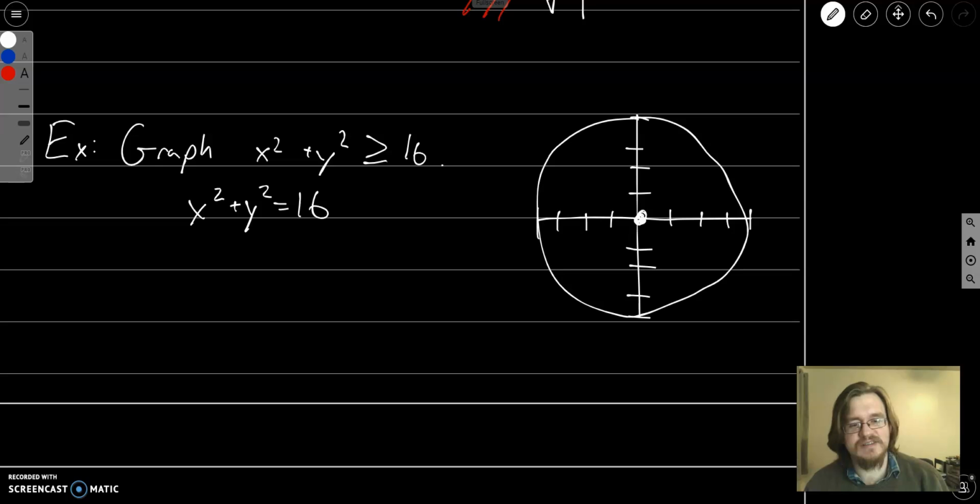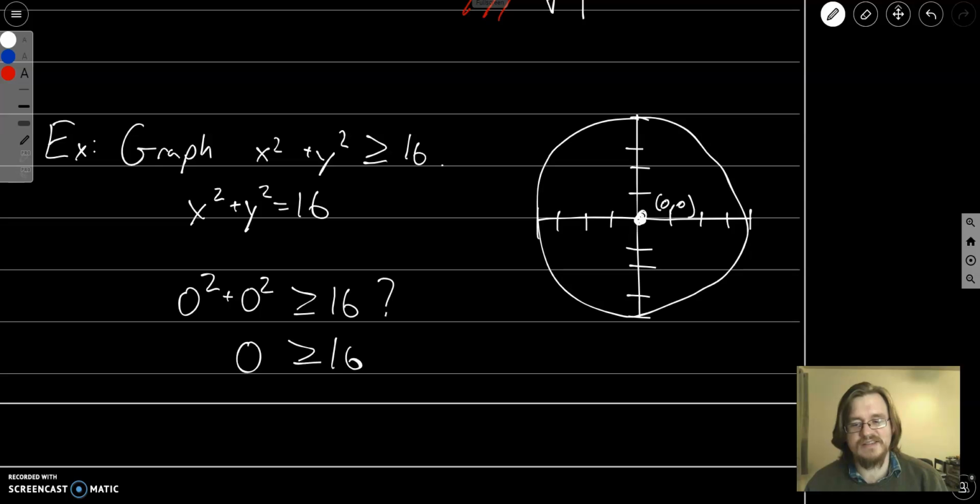This is a nice point, 0, 0. Nice easy point to work with. It's right on the inside. So let's plug this in here. 0 squared plus 0 squared, is that greater than or equal to 16? Well, 0 squared and 0 squared, that's 0. Is 0 bigger than 16? No, it's not. So we're not going to shade on the inside.